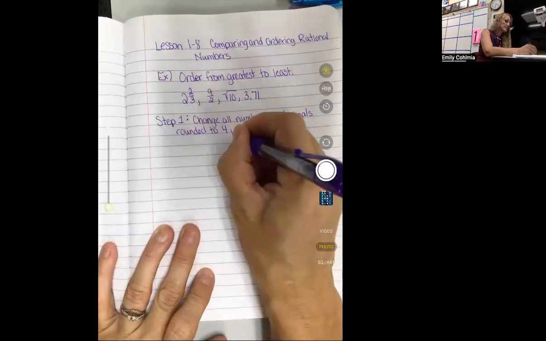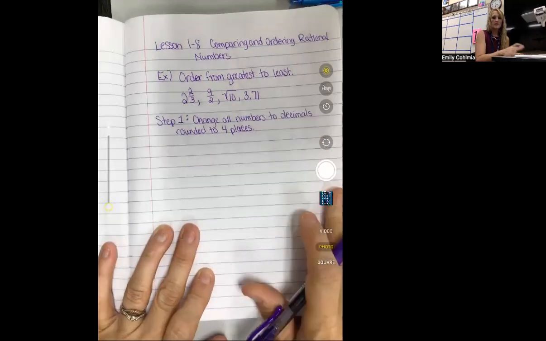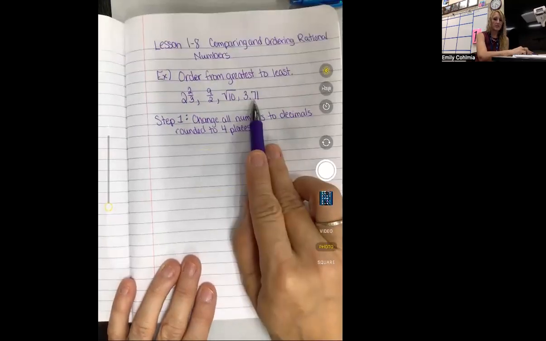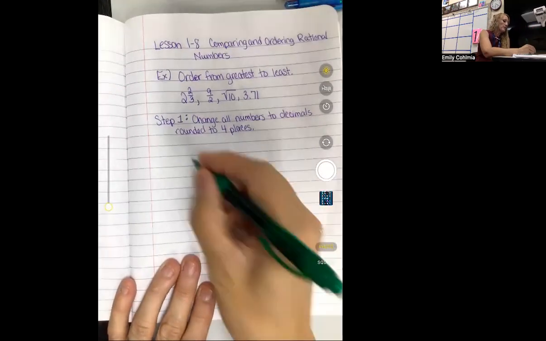I use 4 places because generally speaking, if we use 4 places, you're going to have enough places to be able to see the difference. But it's also really important to make sure that we have 4 decimal places in each one of these, even if, like this one, there's only 2 decimal places, but we need 4 decimal places to be able to compare each one of them so that they're all the same.